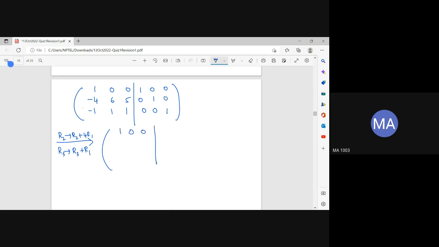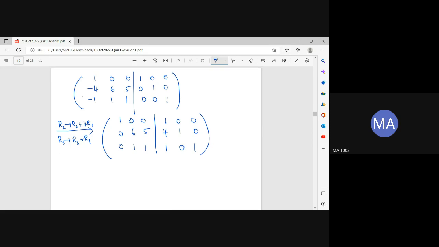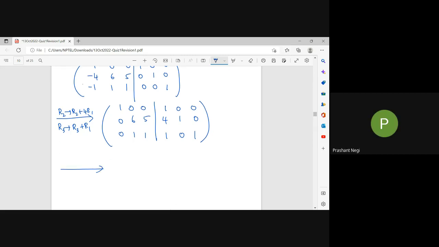So 1 0 0 1 0 0, and then you'll have 0 6 5, 0 plus 4, 1 0, 0 1 1, 1 0 1. Whatever elementary row operations we do here, you'll be doing the same on this part as well. And then this pivot is done.